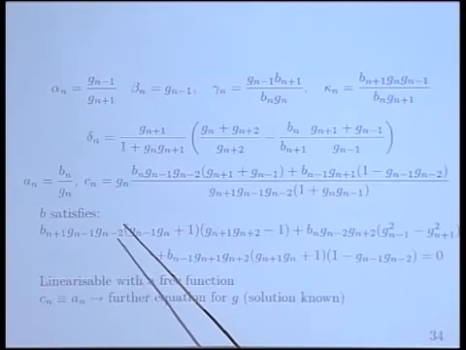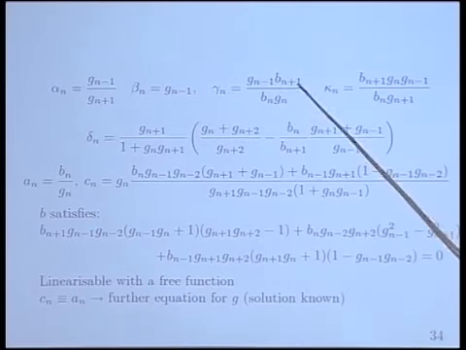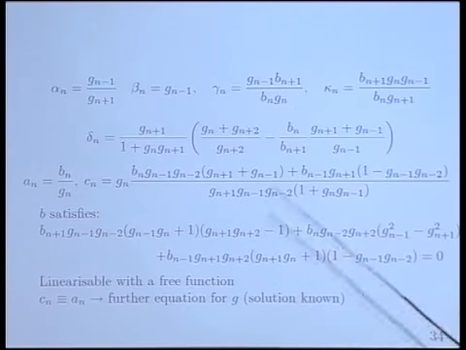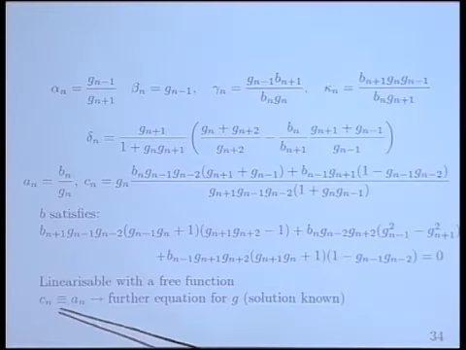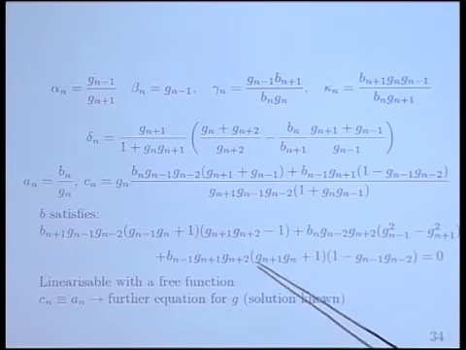So, anyway, those are what we need in order to linearize our system, and asking for C to be equal to A gives a pretty complicated equation for g, which, however, we know how to solve.